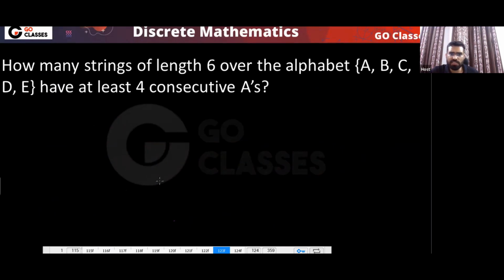So now tell me the answer for this question. How many strings of length 6 over A, B, C, D, E have at least 4 consecutive Es? So what is going to be the answer?